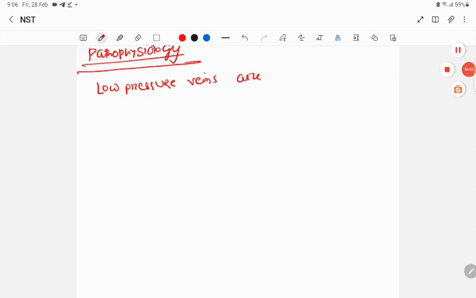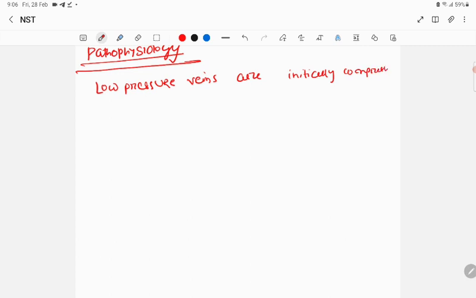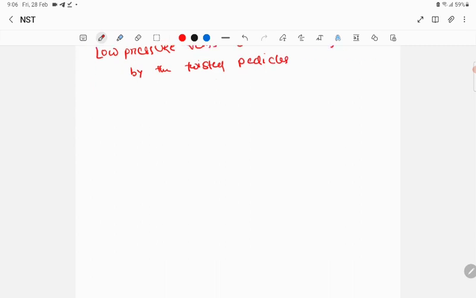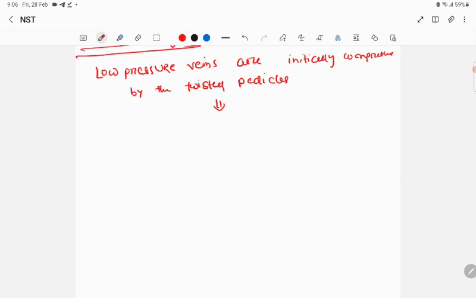I will describe it in a stepwise manner like a flowchart. First, the low pressure veins are initially compressed by the twisted pedicle. But the artery is intact, so there will be continuous inflow.